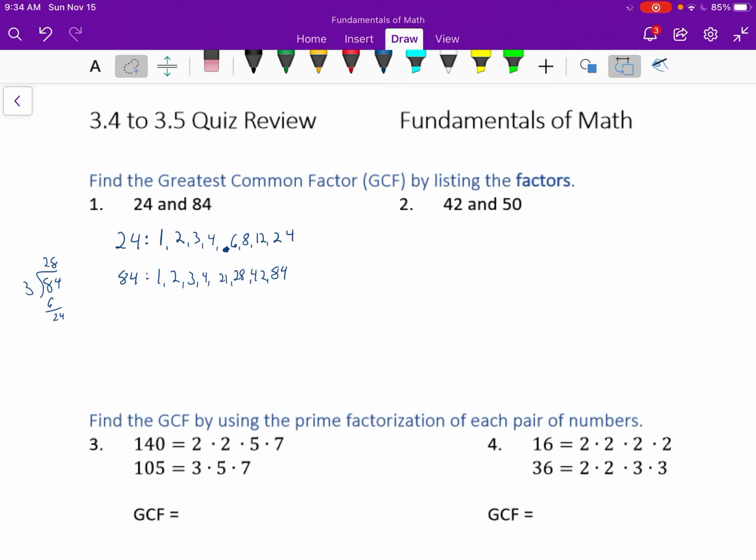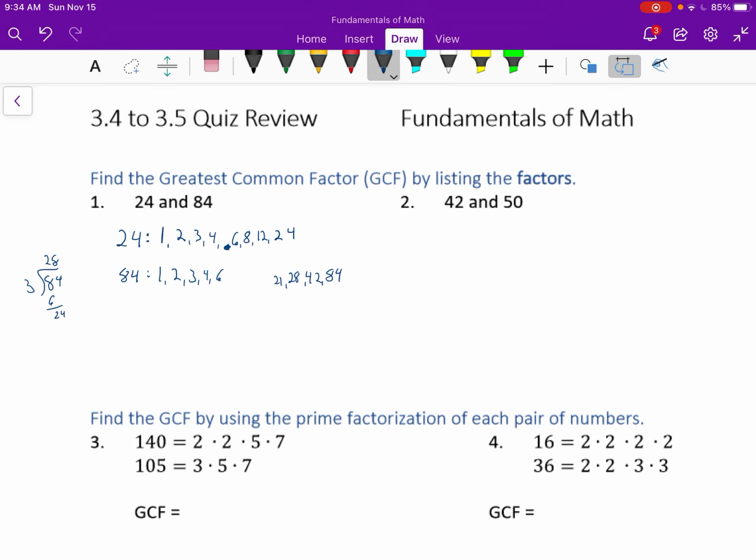And we're running out of room. I know you can't do this on your paper, but I can do it here. So I'm going to move this over so I have enough room to fit everything in here. 5 does not go into 84. 6 goes into 84, I believe, because 2 and 3 go in, so 6 goes into 84.